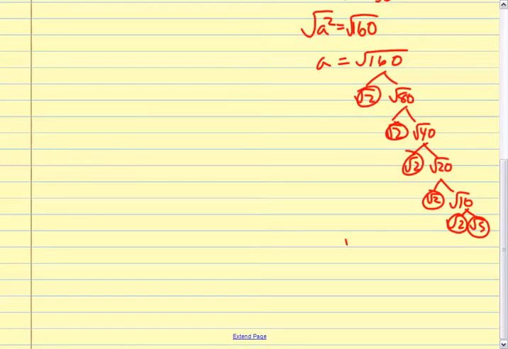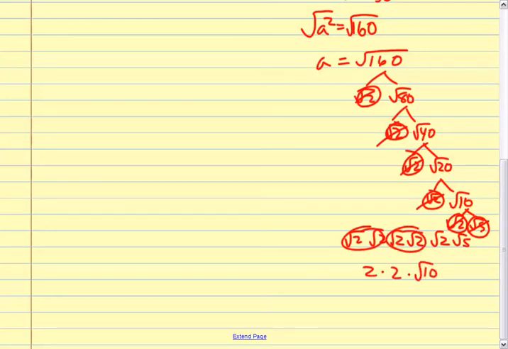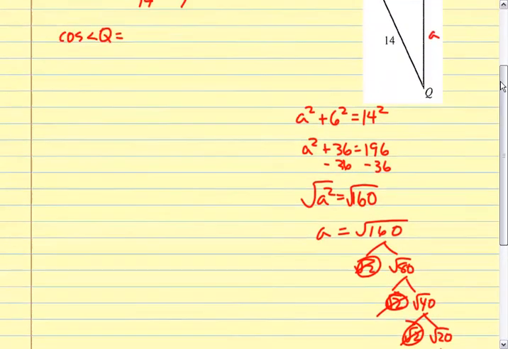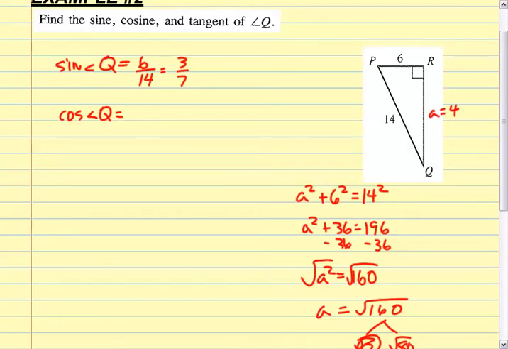So now we're left with root 2 five times, and root 5. That gives us 2 times 2 times root 10. So that's 4 root 10. So the length of this side of the triangle is equal to 4 times the square root of 10.